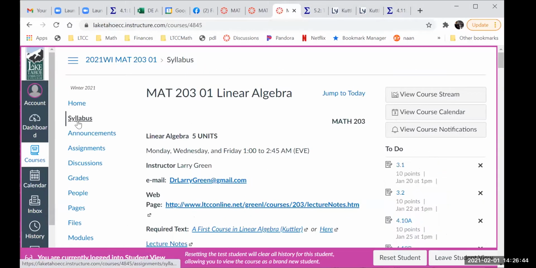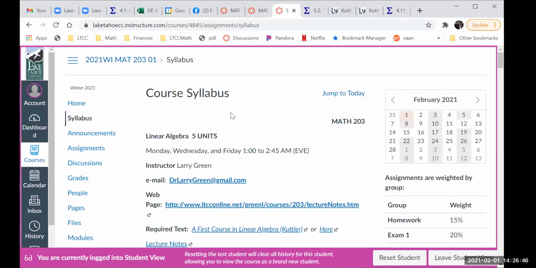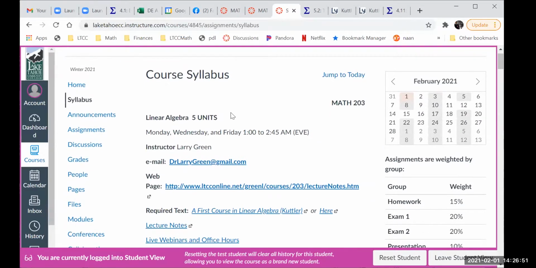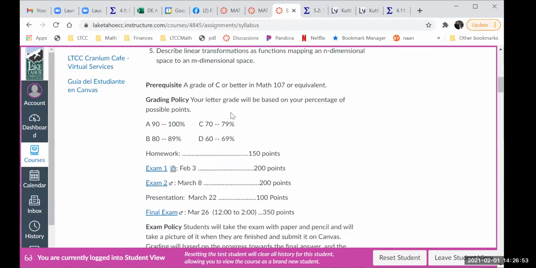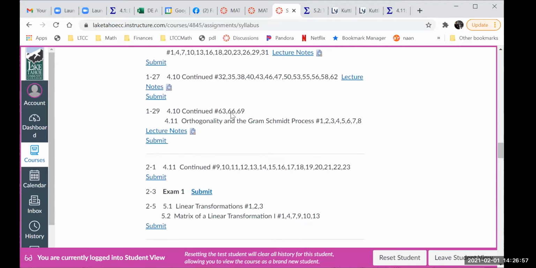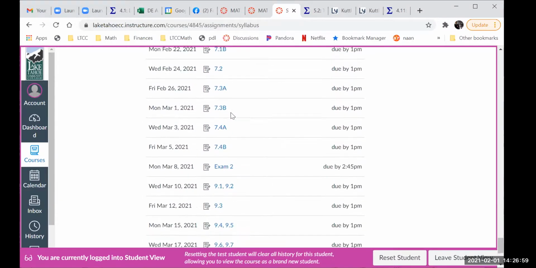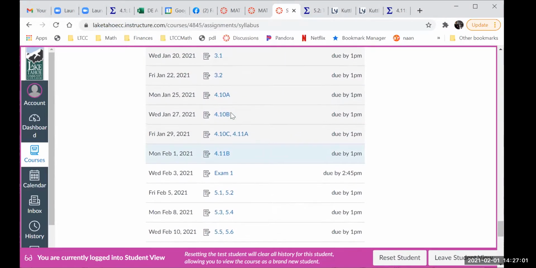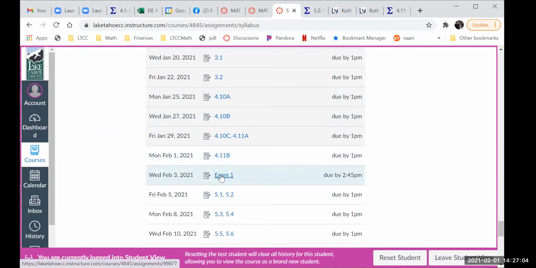All right, so right now, if you go to the syllabus, let's see what it does. I haven't actually checked to see what you guys are looking at. I've only seen what I've done. Then it shows exam 1, right?